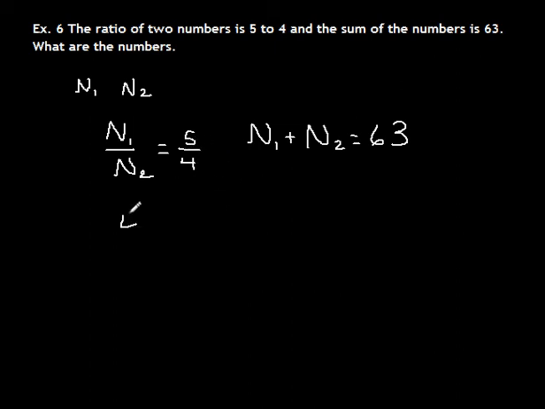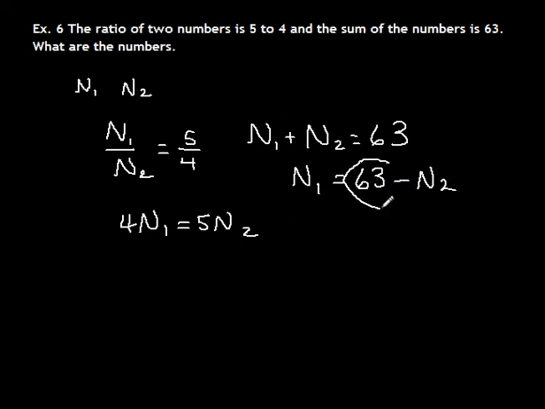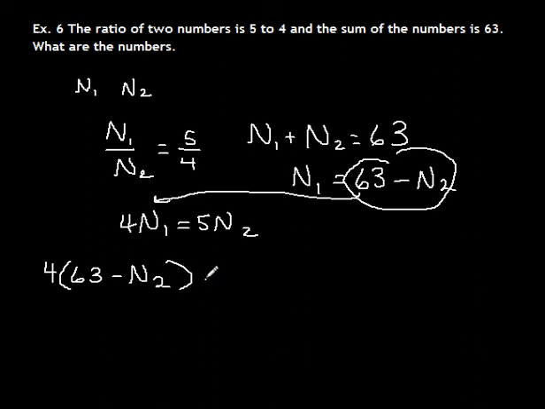And we're going to get 4 number 1s equals 5 number 2s. And then we can substitute. I'm going to take and solve this one for number 1 and get 63 minus number 2. And then I'm going to substitute this in for the number 1s. So 4 times 63 minus number 2 equals 5 times number 2.